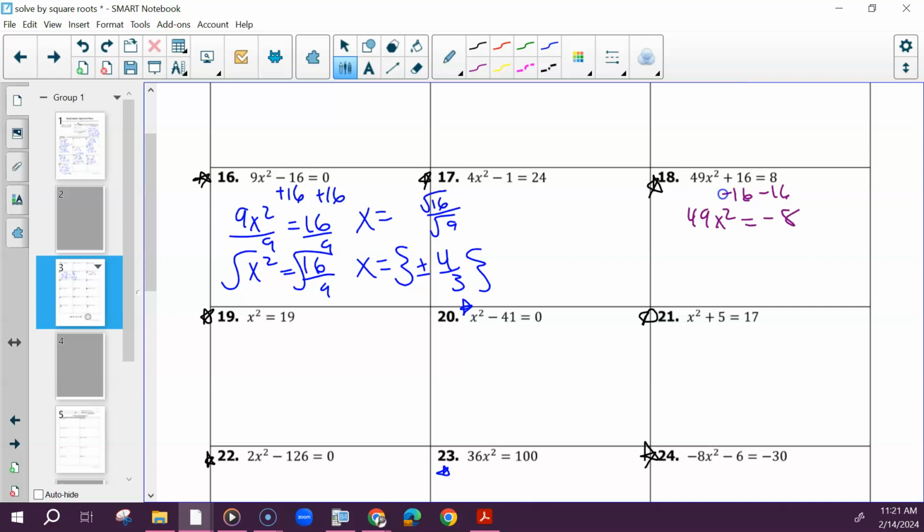And then divide both sides by 49. When we take the square root there, what happens? No solution. So still isolate it, even if you get the negative, then you can put the no solution at the end.